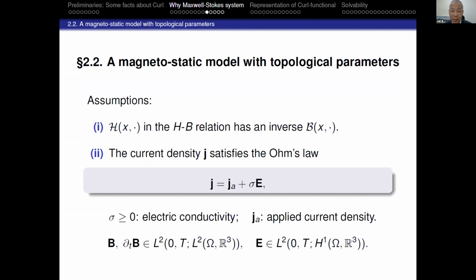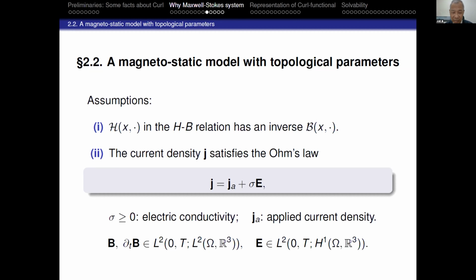Okay, now you see that we introduce the term grad phi into the equation to balance the equation. Mathematically, it makes the equation solvable. But do we have any physical explanation of this term, the reason why we need this term? So let us look at the magnetostatic model, which is derived from the classical Maxwell equations.